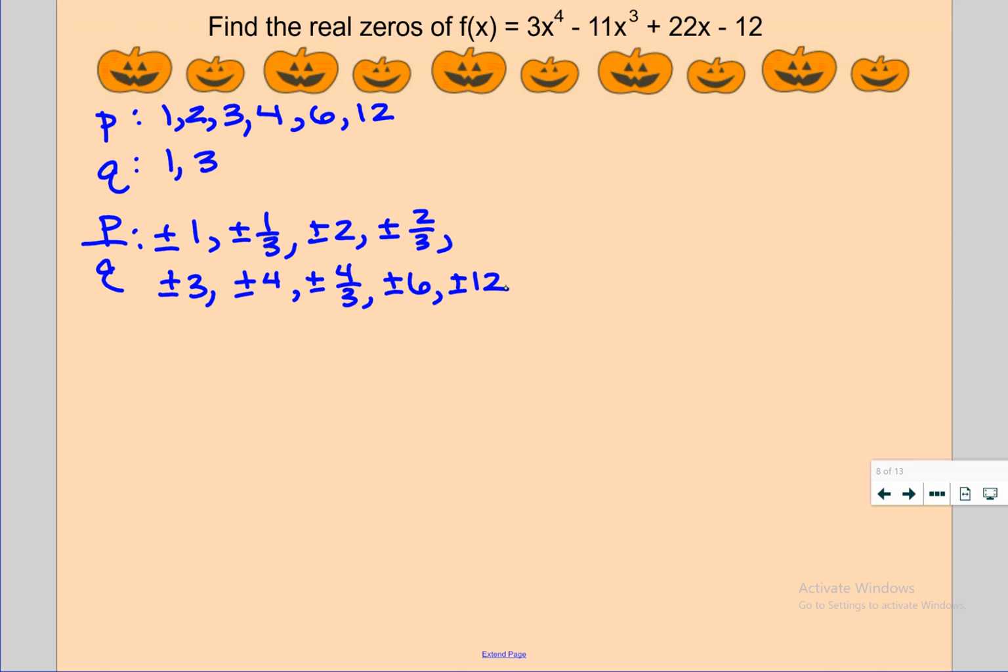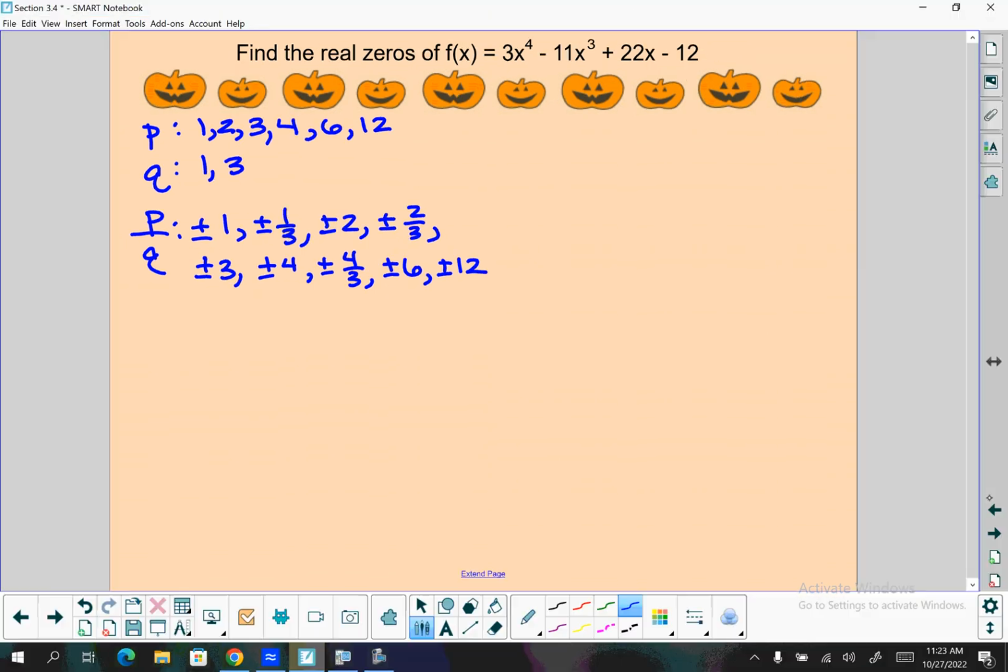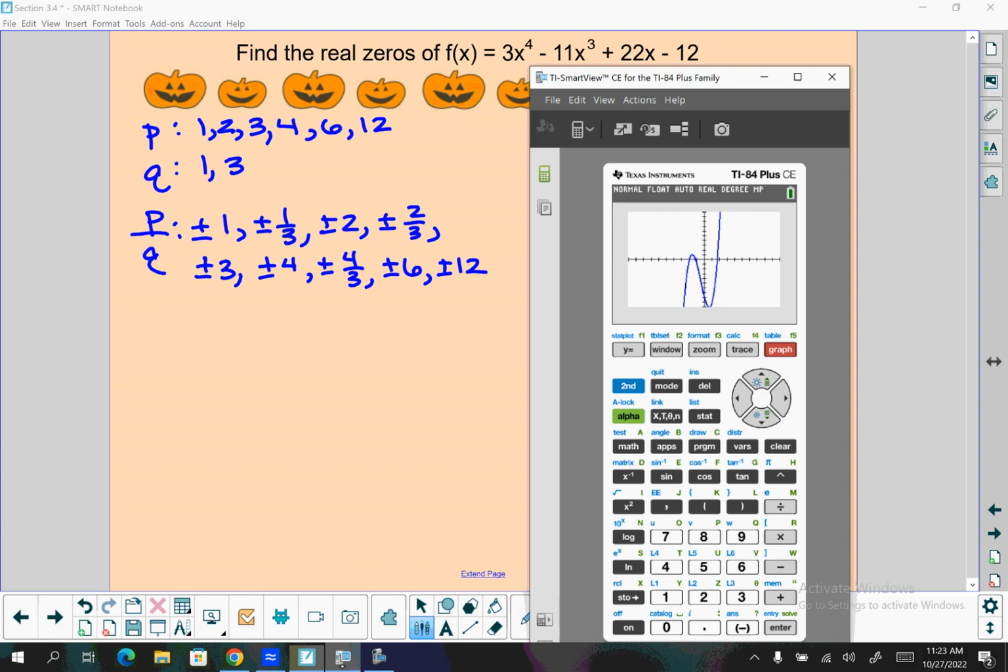Okay. So now, because we have technology, we use it. Go ahead and graph that in y equals. I'm going to edit mine to show up the other one here. There we go.